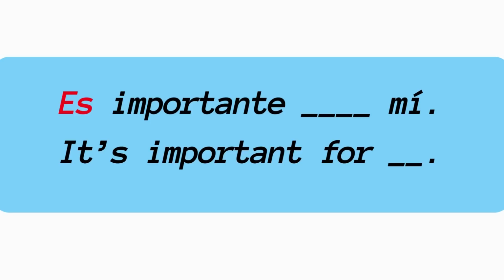It's important. Es importante. And the next gap is para, for, para mí. So our phrase is es importante para mí. And the English gap that's missing would be it's important for me.